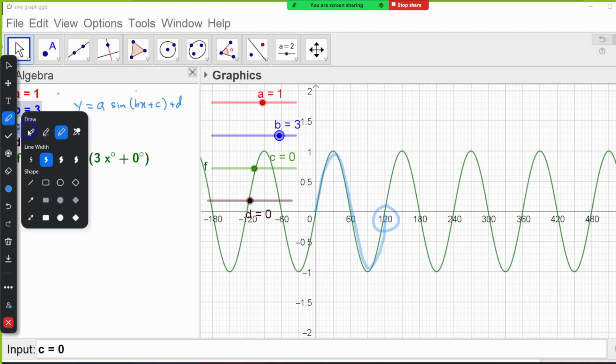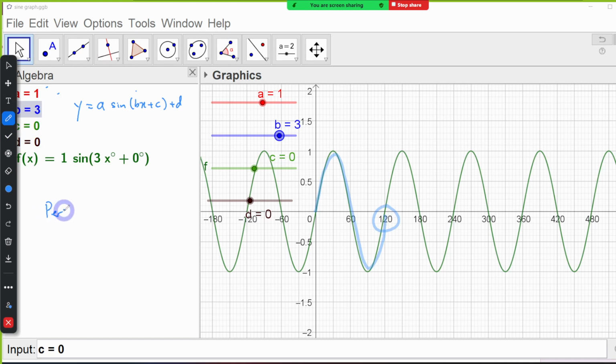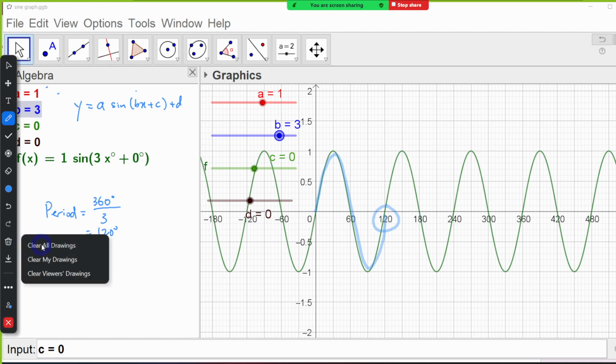How do we get the period? Do you remember what I told you just now? To calculate the period of a sine graph, take the period of the original graph, which is 360 degrees or 2 pi radians, divided by the number here, 3, which gives 120 degrees. So this number will actually affect the period of the graph.